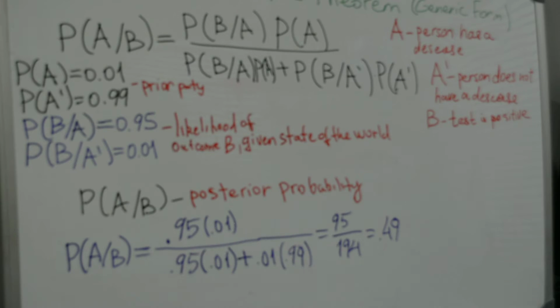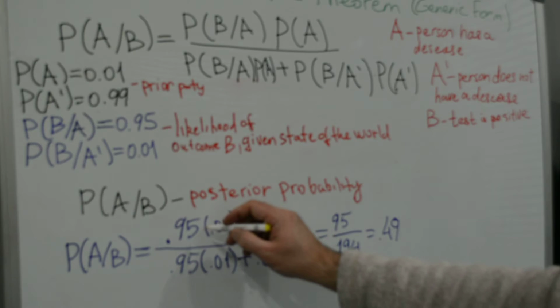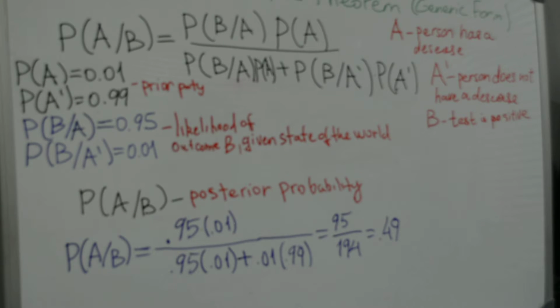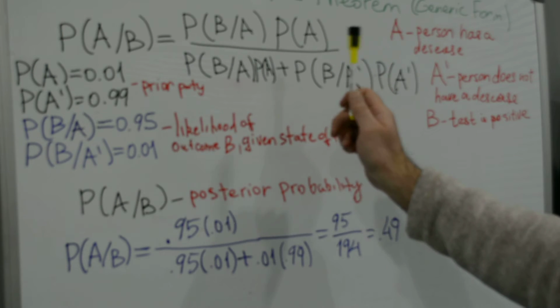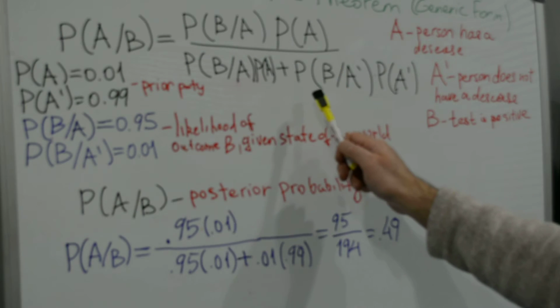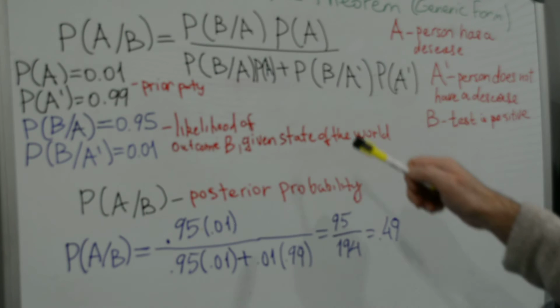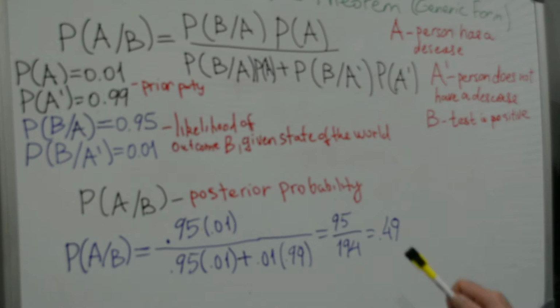So we multiply 0.95 by 0.01 in numerator. In denominator, we substitute the values for P(B given A) times P(A) plus P(B given A complement) times P(A complement). Substitute those values and we received at the end 0.49.